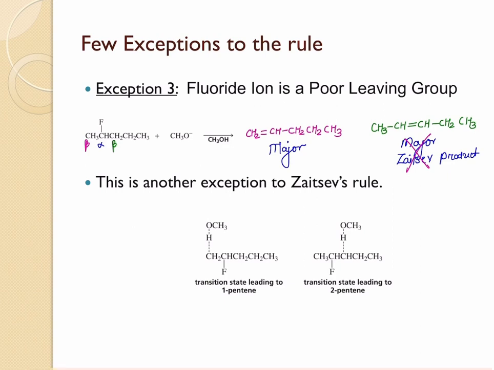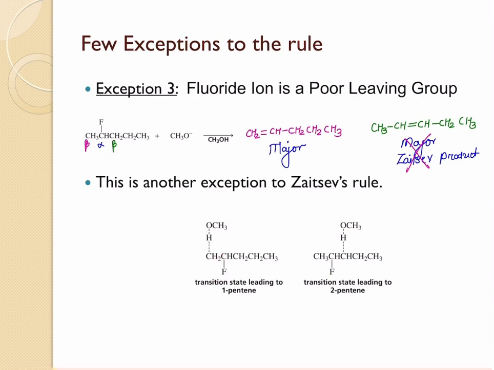If you want to answer this question, then you have to look into the transition state of the reaction. And what happens in an E2 elimination reaction? We want to remove this hydrogen and we also want to remove this halogen, and in place of it, we need to create a double bond between the two carbons, right?